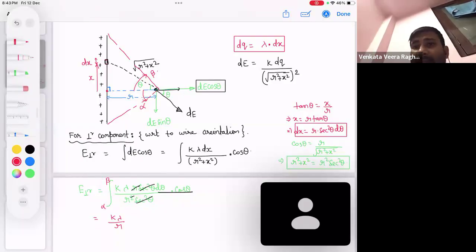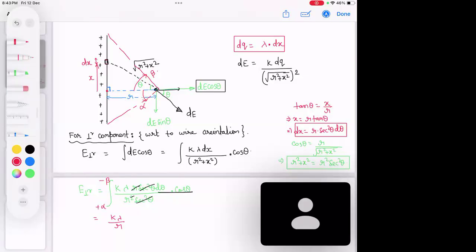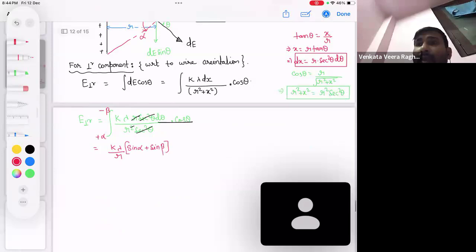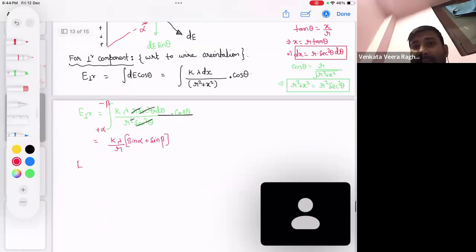If you write plus alpha, then minus beta, or if you write plus beta, then minus alpha, because one angle is measured clockwise, the other anti-clockwise. If you put the limit, it will become sine alpha plus sine beta. So the perpendicular component is k lambda by r times sine alpha plus sine beta.